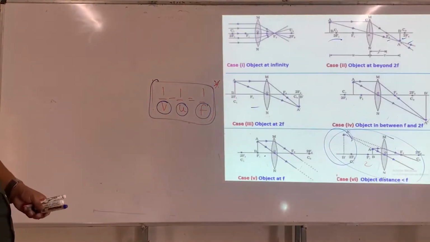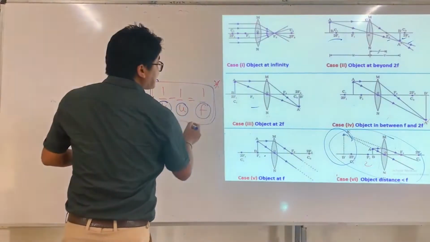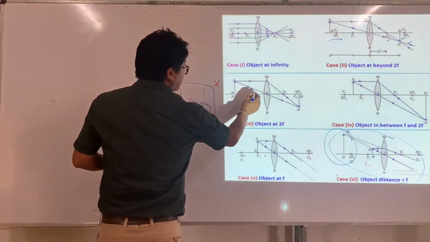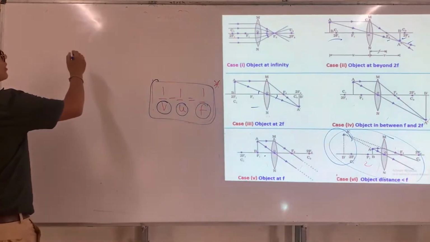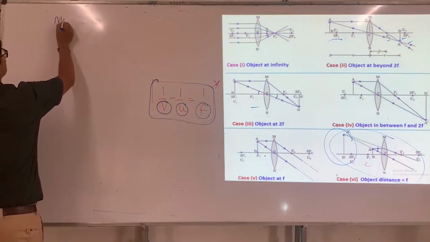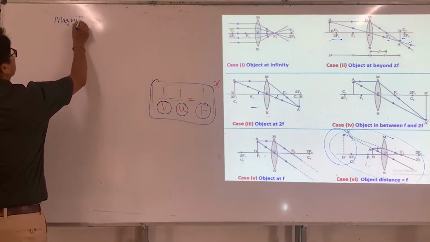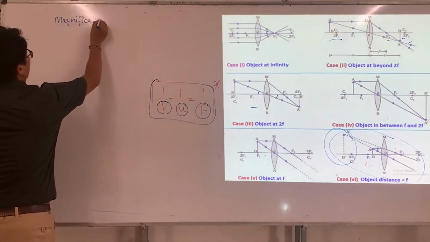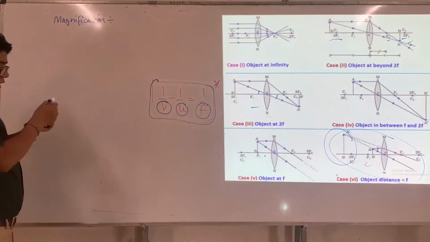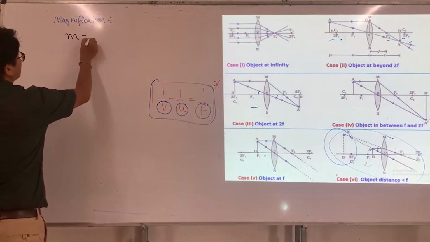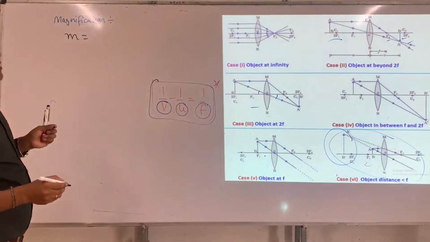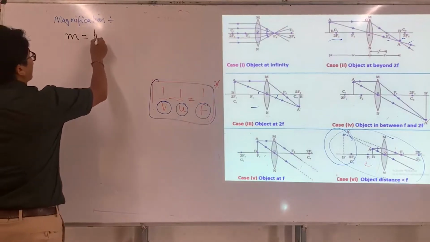Let's take this image formation. When I take this image formation, I take these two triangles. Now let's talk about magnification. We know the definition of magnification: the ratio of image height to object height.